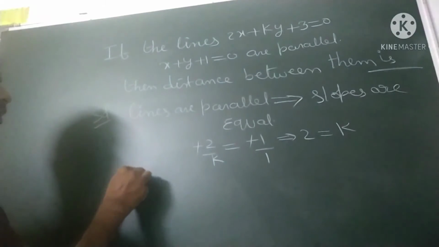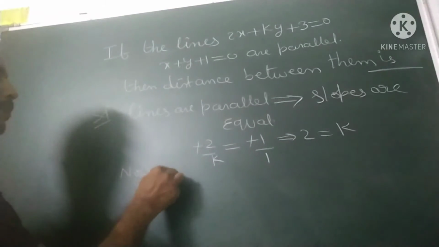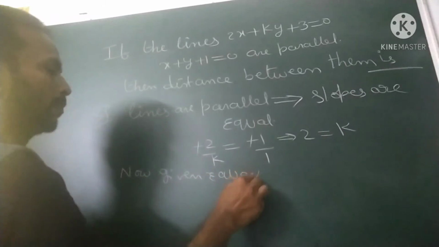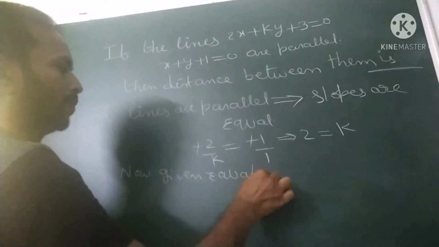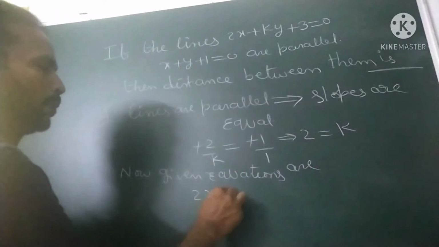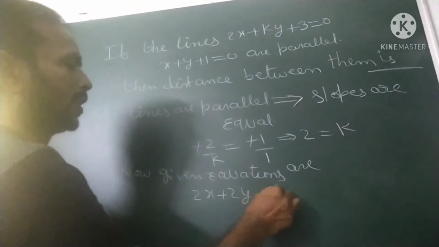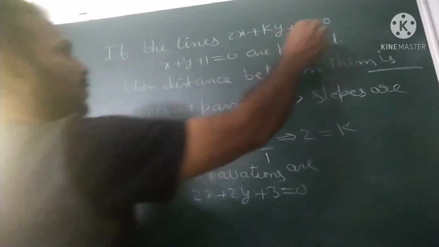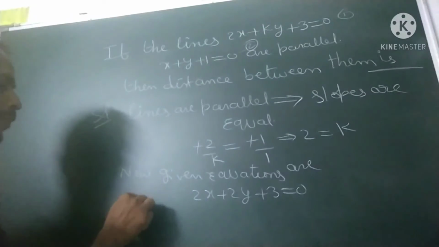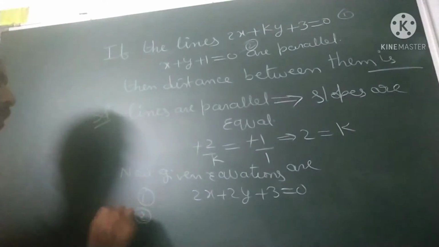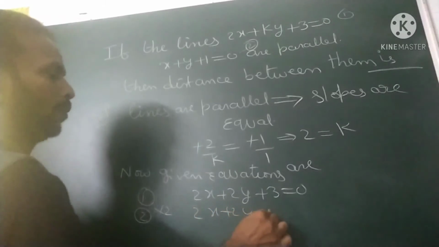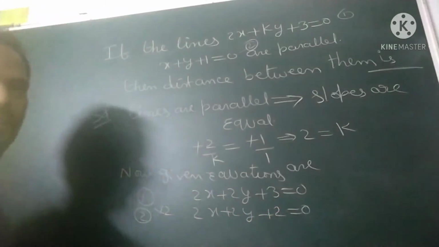Now the given equations are 2x plus 2y plus 3 is equal to 0. This is the first one, this is the second one. First one as it is, second one into 2: 2x plus 2y plus 2 is equal to 0.